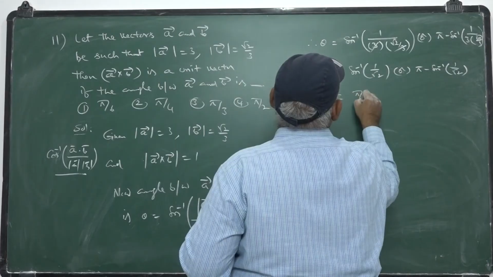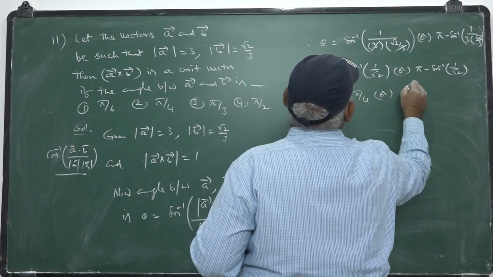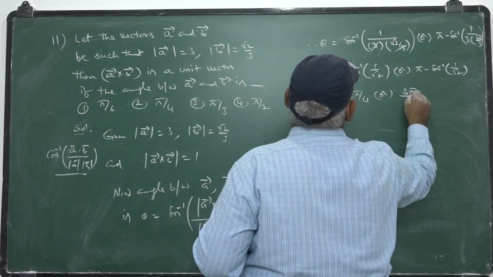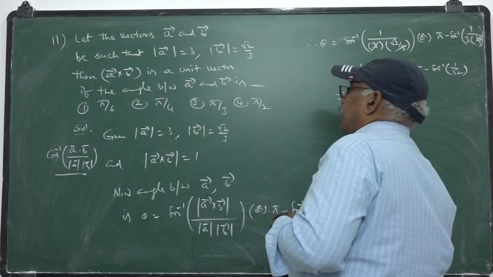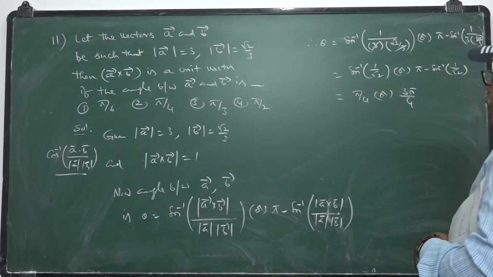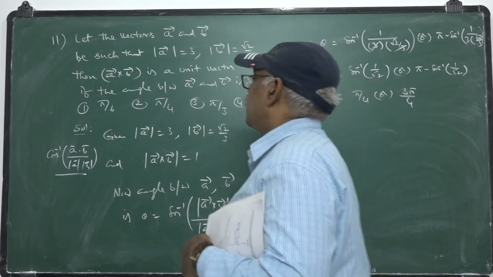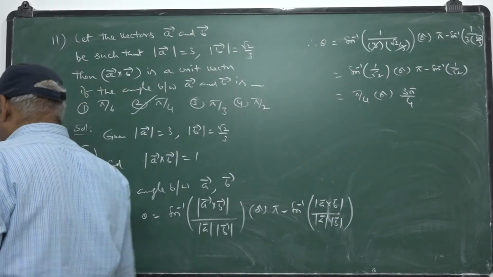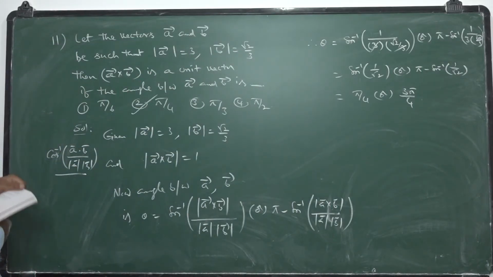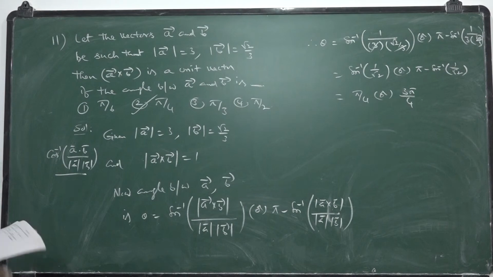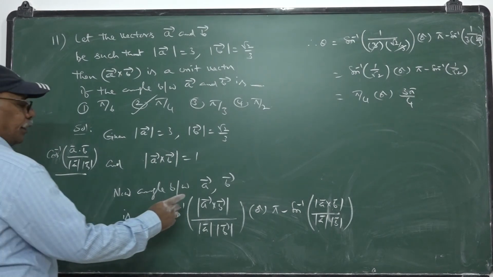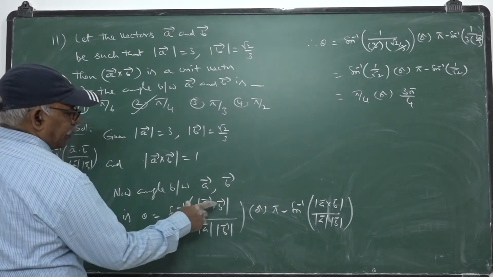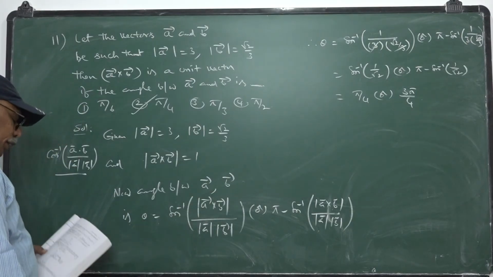This is pi by 4 or 3 pi by 4, the angle between a bar and b bar. Here the acute angle is pi by 4. This is the formula for finding the angle between a bar and b bar based on the cross product.